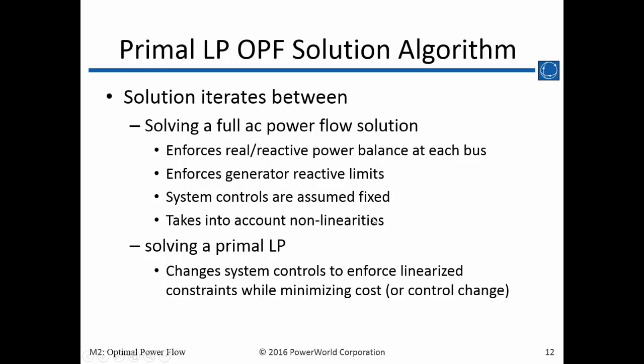So that's done in the power flow solution, and then the linear program basically determines how to adjust controls like generator outputs in order to minimize cost without violating any constraints. And it does that by incorporating linear sensitivities, like PTDF and generator shift factors, for example, so that it understands the impact of moving a generator to a different output and what that does to transmission lines that might be exceeding their limits in order to bring those back into their limits.